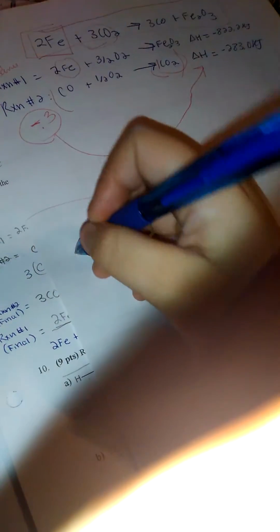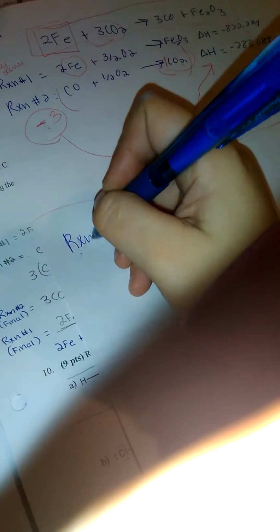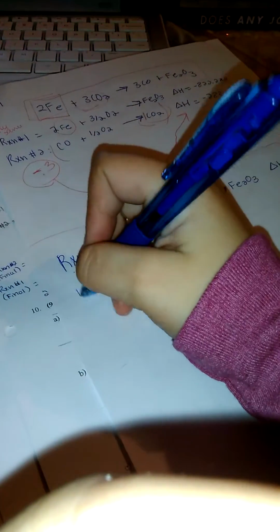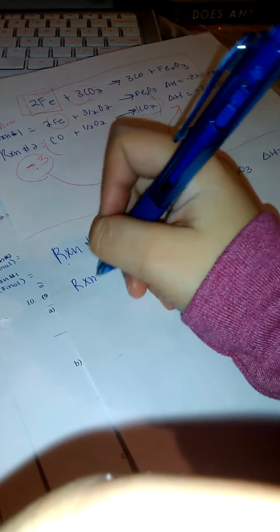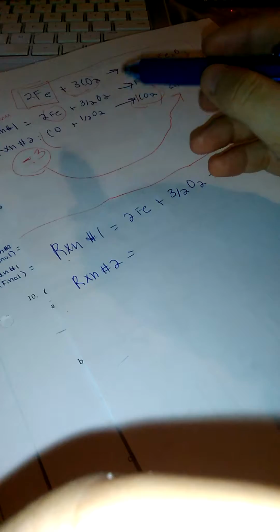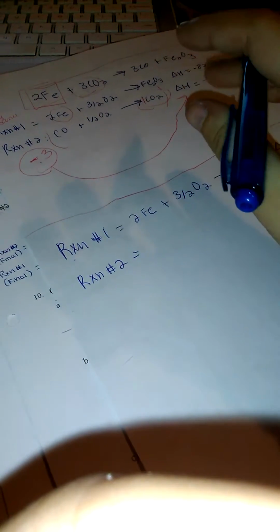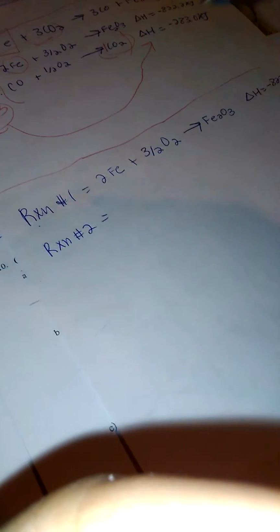Reaction 1 is going to be the same. You see, it's the same thing as what we got in the review sheet. And now reaction 2: you can do both steps at the same time, or just do one step at a time.